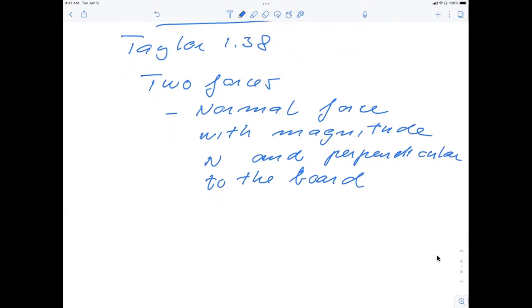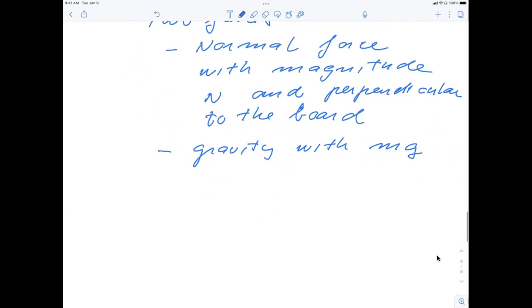And we also have gravity with magnitude mg. I just write mg here. And this is pointing vertically downwards, right? So the way we can split the problem here is in the following way.